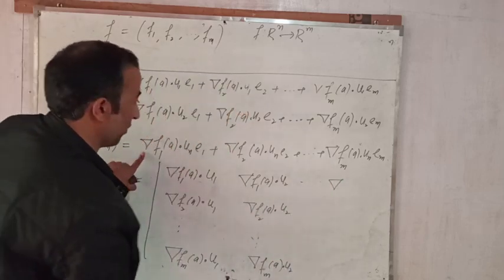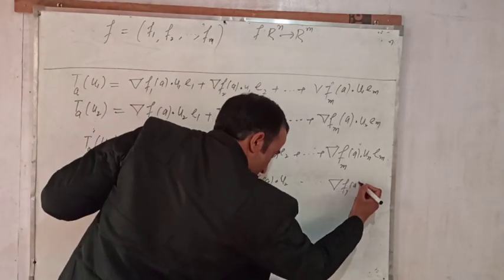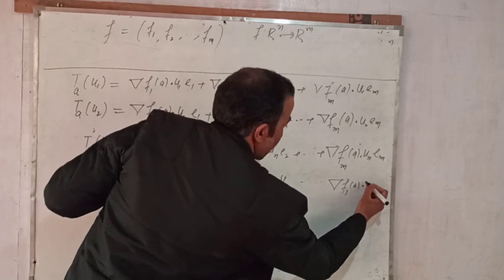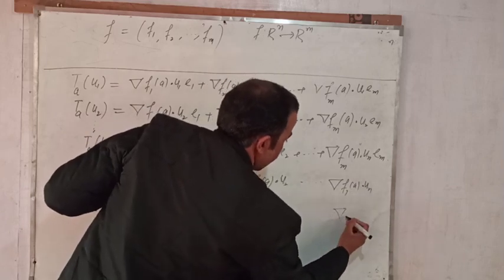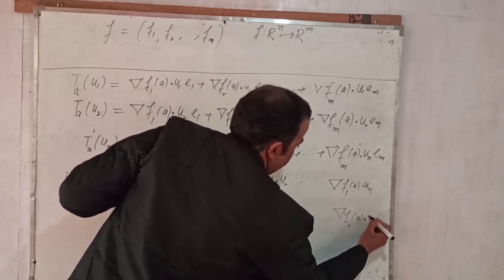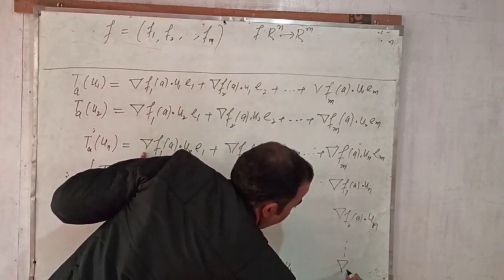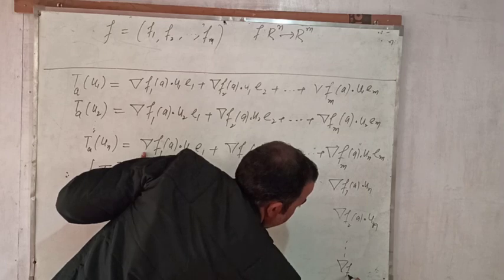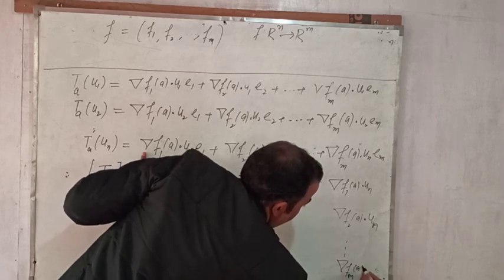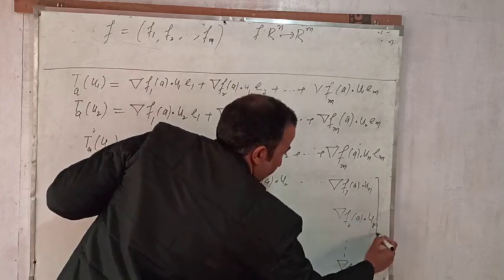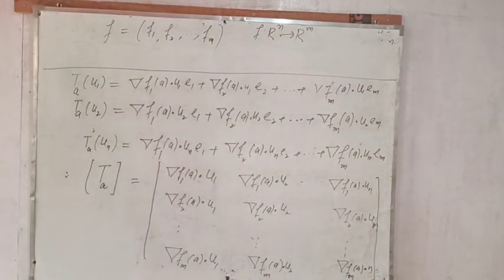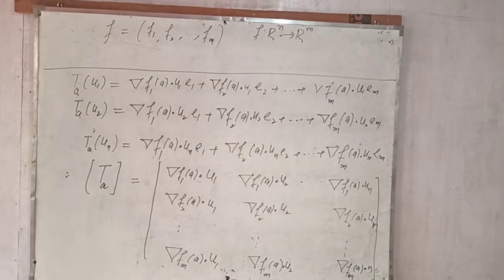That's delta of F1A dot Un, delta of F2A dot Un, then so on, delta of FmA dot Un. This is the matrix representation of TA.